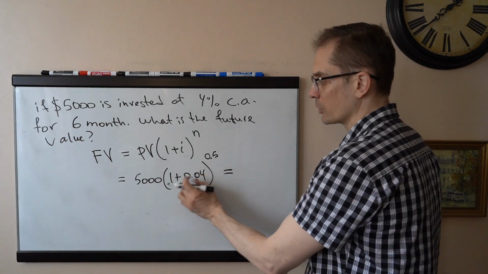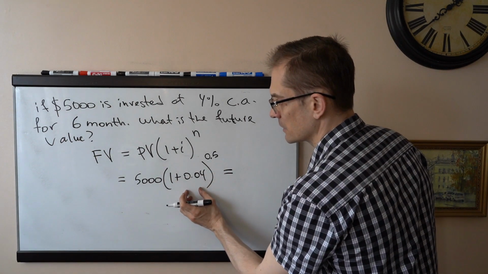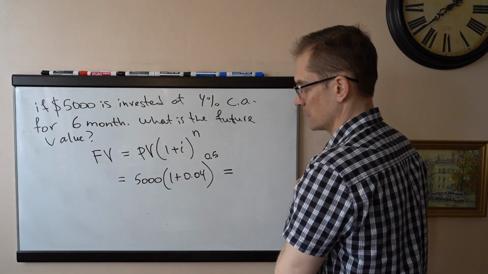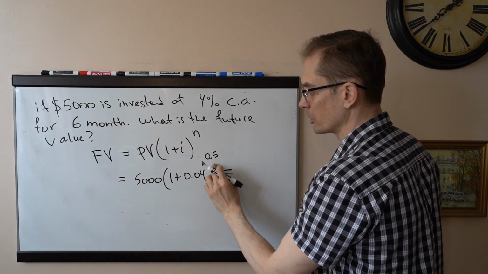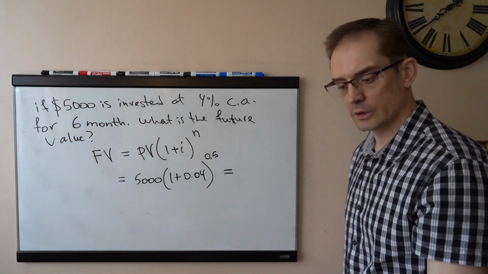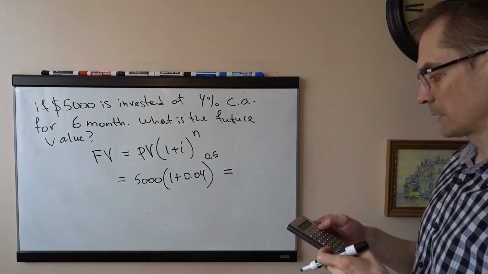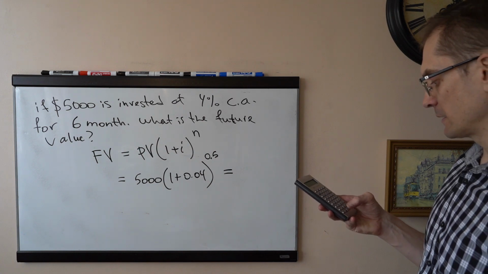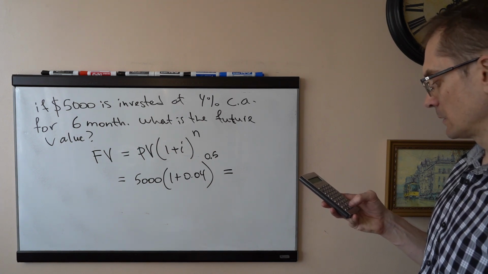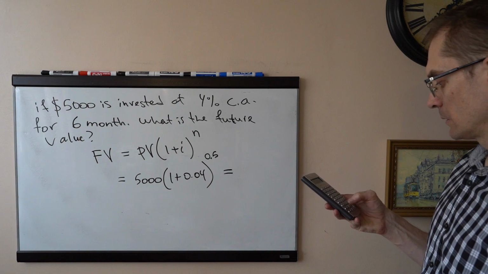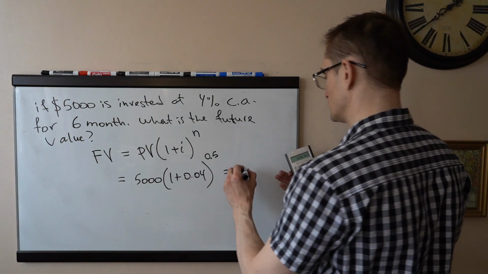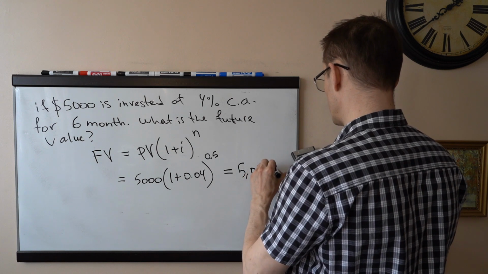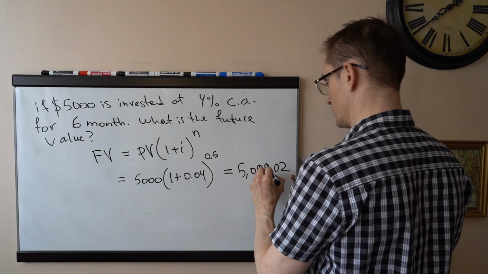The bank will not use simple interest, even though you are below a complete 1 year period. They actually will use the compound interest formula. And what it results in is this. 5,099.02.